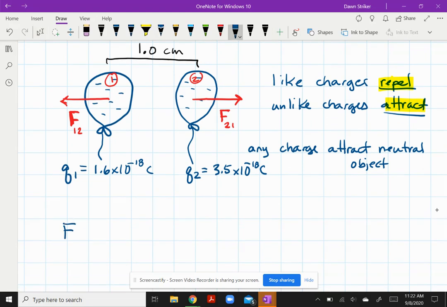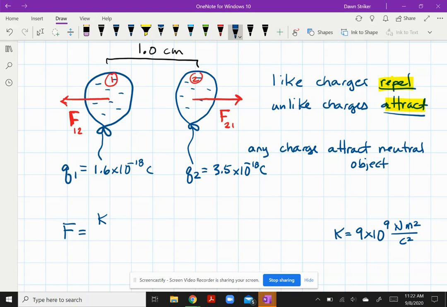Coulomb's law says this: the force that exists between two charges is equal to some physical constant, K, and K happens to be equal to 9 times 10 to the 9 newton meters squared per coulomb squared.